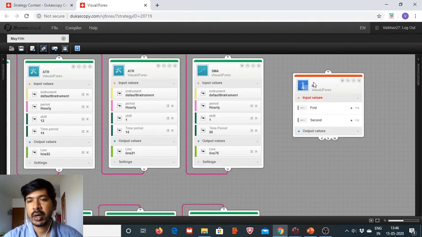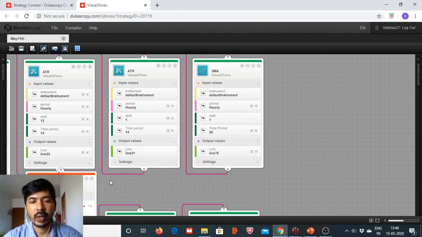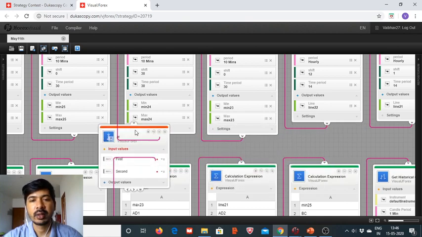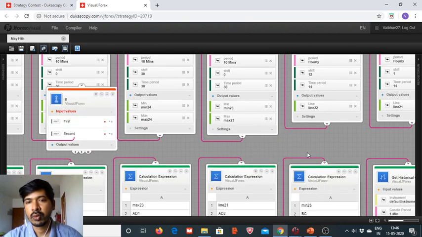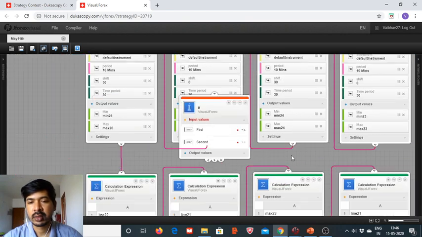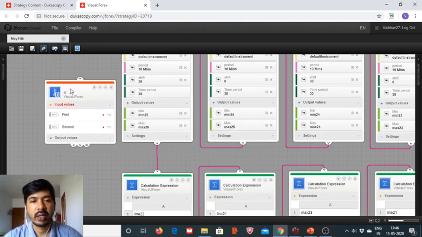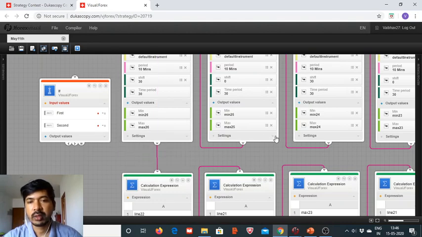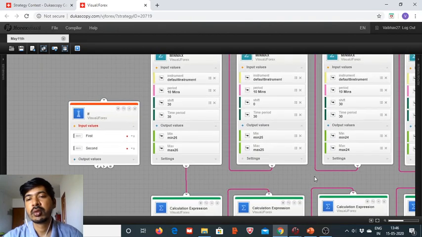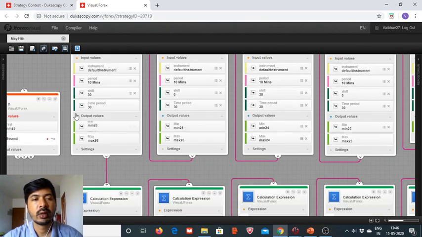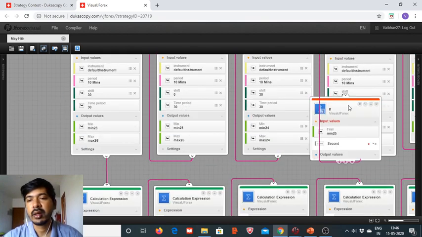Minimum of 5 hours on the bid side of low price needs to be less than the 50 SMA. So we go and find this is of ask side, and high price we need of bid side, and low price. This is the low price, but shift is 30. This is the current price.